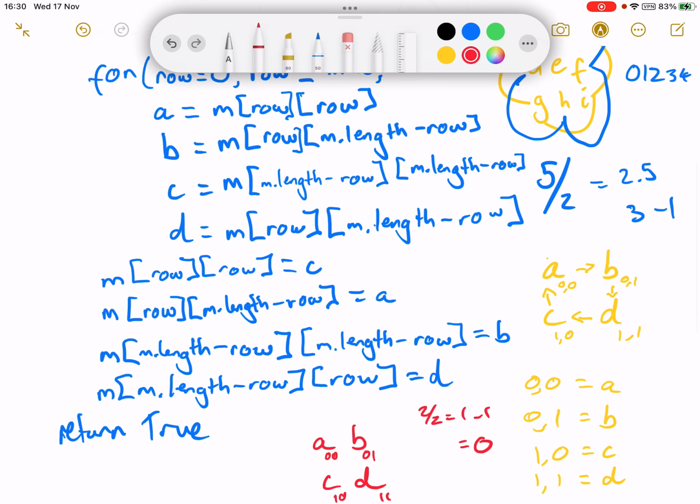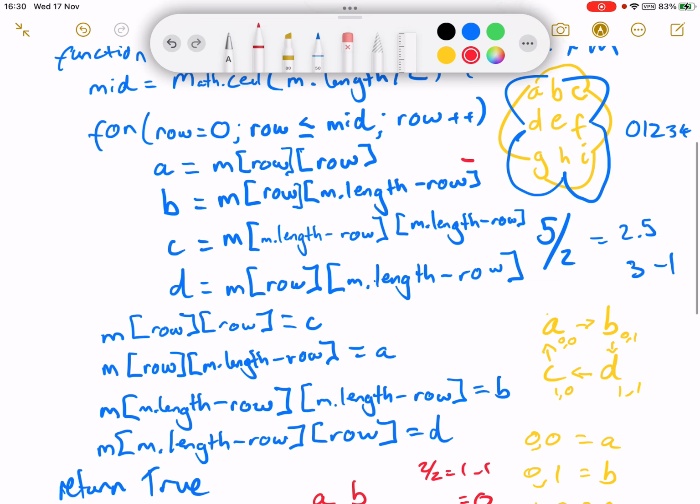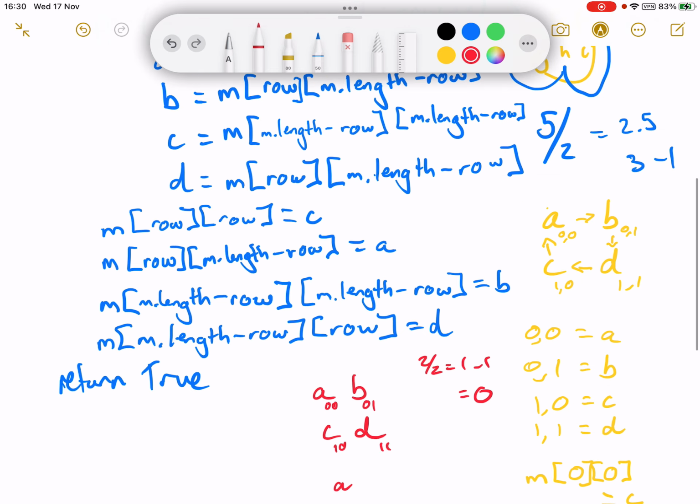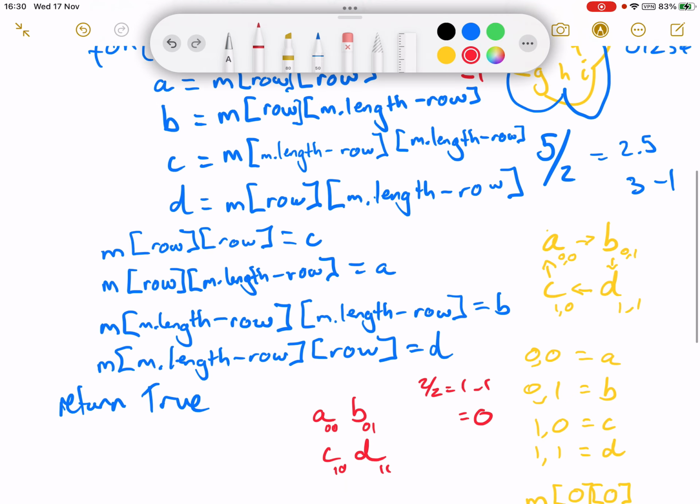I just hope it will help me. I do -1. Yeah, I hope it helps me, because row is 0, and then 2, -1, and then -1.